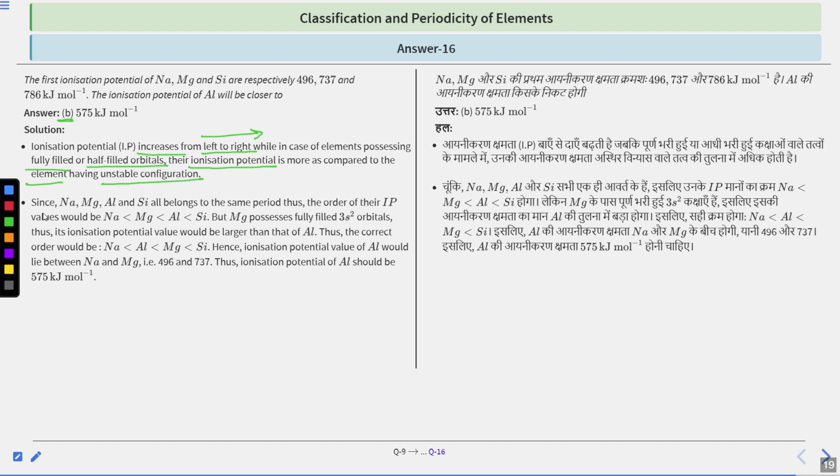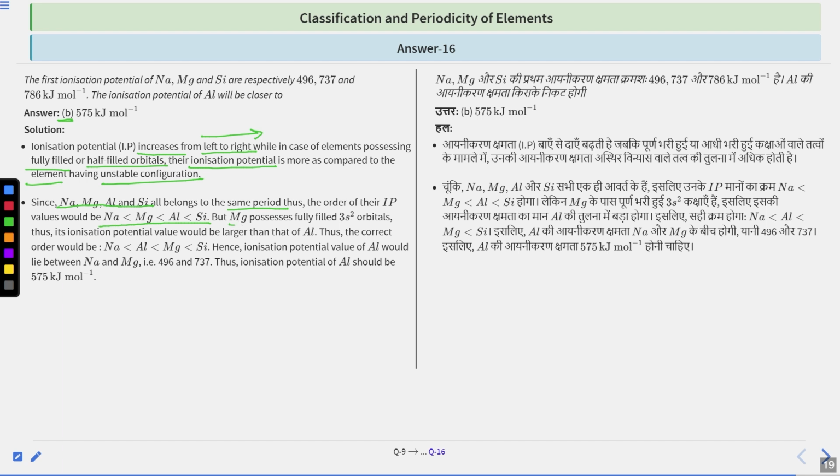Since sodium, magnesium, aluminium, and silicon all belong to the same period, the order of their ionization potential values would be increasing from left to right, if we know this concept. So the order will be this.